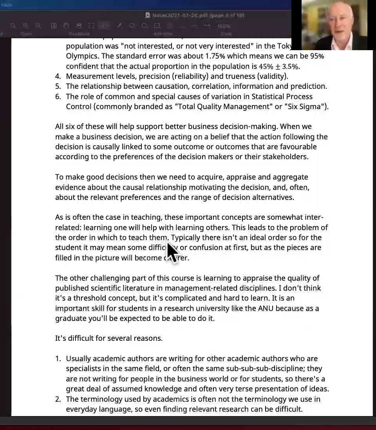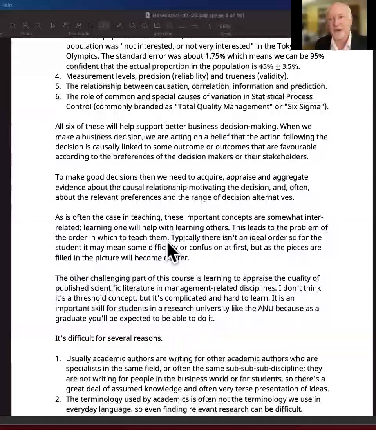That's what decisions are about. And so with any decision, we have a belief about causal relationships. And beliefs about causal relationships have to be based on evidence. And much of the evidence that we use, not all of it, but much of it, takes the form of data. And so that's why we have the emphasis in this course on those things.